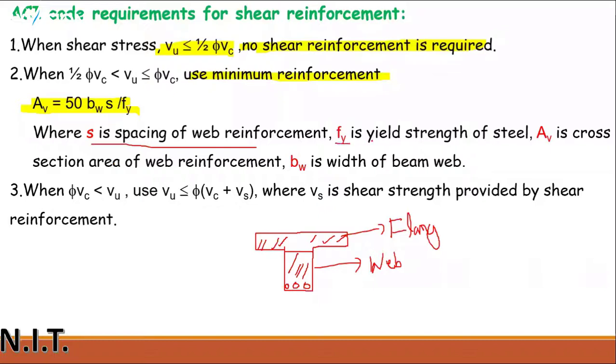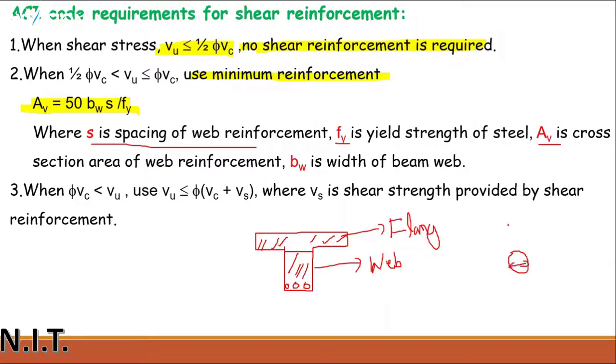Fy is the yielding strength of steel. It will be given to you. AV is the cross-sectional area of web reinforcement, the cross section of these bars.